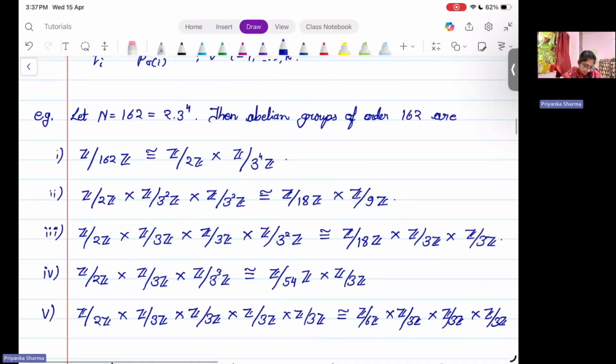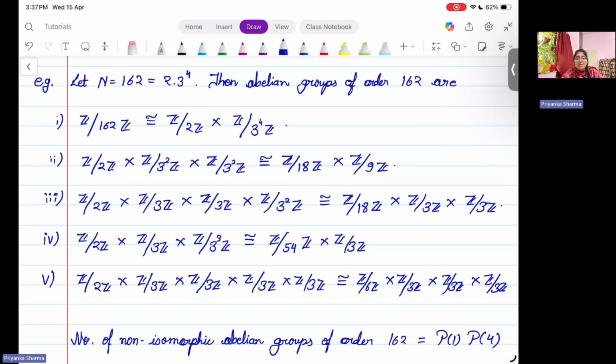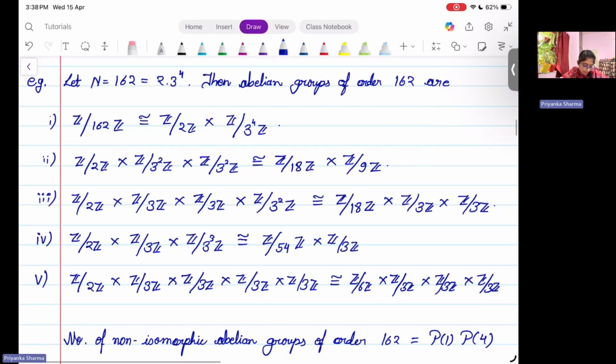Now we have an example to explain this. Suppose n is 162. First we break it into prime factorization, so this is 2 into 3 to the power 4. Then the number of abelian groups of order 162 up to isomorphism is 5. And what are those abelian groups?